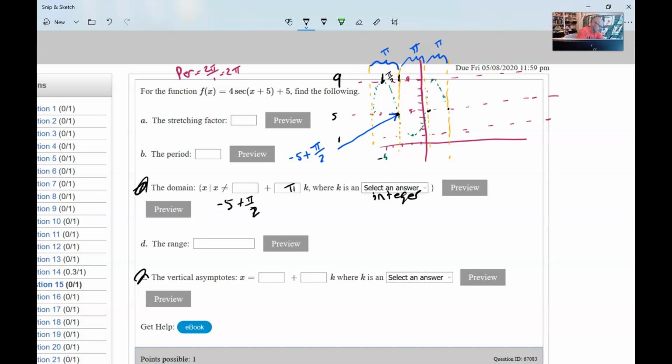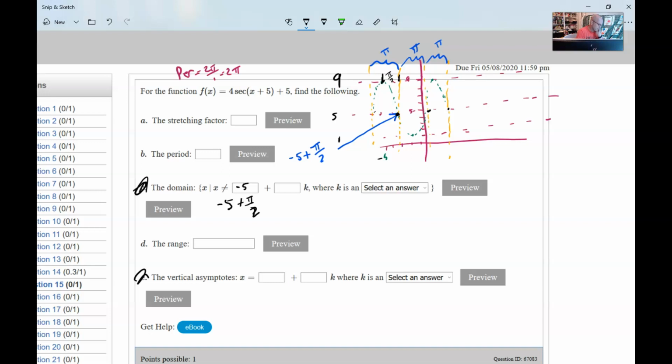However, XYZ will not take it, because what XYZ wants in this little box, so I'm going to erase this, is just the -5 there. They want just the phase shift. And so then what you have to do is adjust the rest of this answer so you get to the right place.